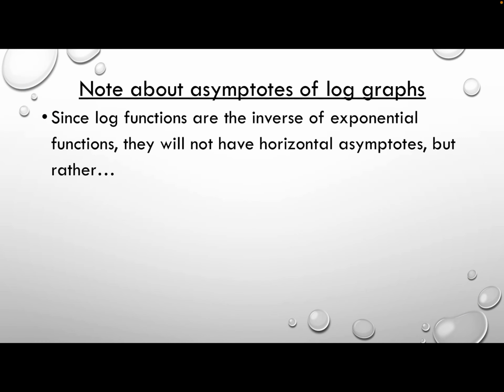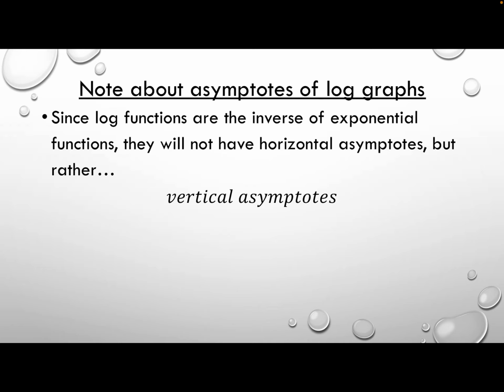This next slide is talking about this idea of vertical asymptotes. Since log functions are the inverse of exponential functions, they will not have horizontal asymptotes, but rather vertical asymptotes. Now the graph is going to be going down or up forever as it approaches some x value.